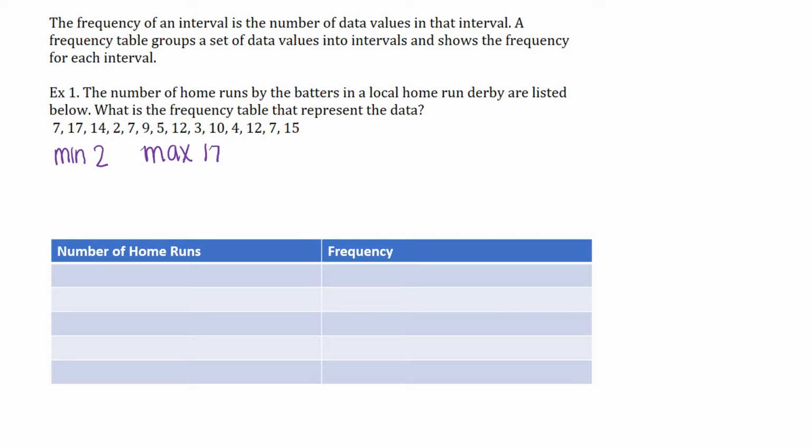And so what we could do is think of what we want our range to be. Do we want to go every 5 numbers, or every 4 numbers? So we're going to decide to do 4 numbers. Our minimum is 2, so we'll start from 2, and then we'll count 4, so from 2 to 5, and then the next one is 6, so from 6 to 9.